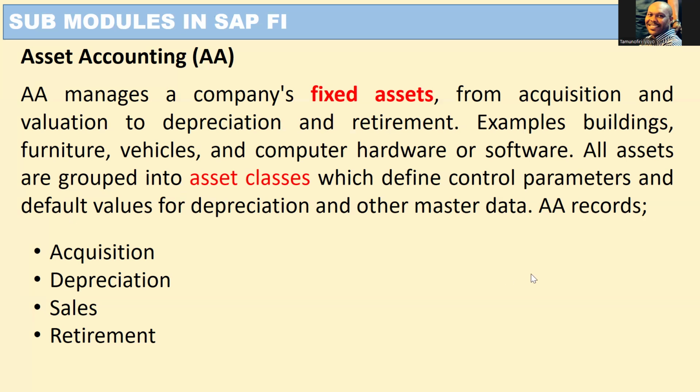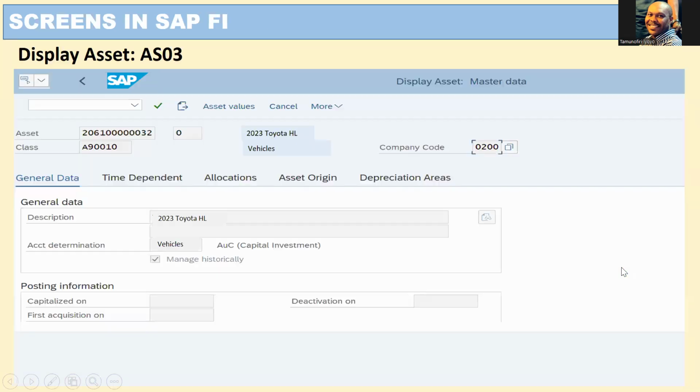Then we have the records. The records could be the acquisition, depreciation, sales, or retirement, as the case may be. So these are the records for your assets. What we see on our screen now is how SAP maintains assets. In this particular case, it's for a 2023 Toyota Hilux.